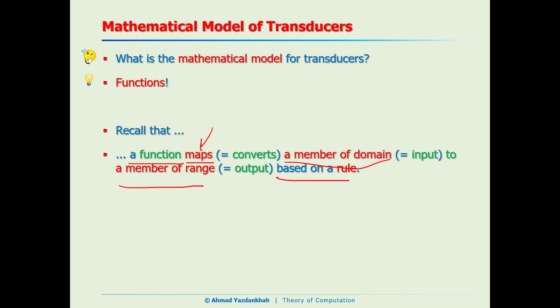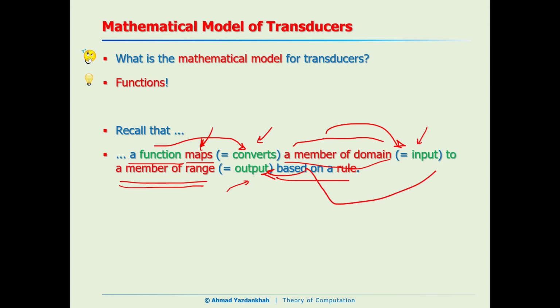Just translate this mapping to converting a member of the domain, the input, to a member of the range, the output. Then a function converts an input to an output, which is the definition of a transducer. So we can model a transducer mathematically by a function.